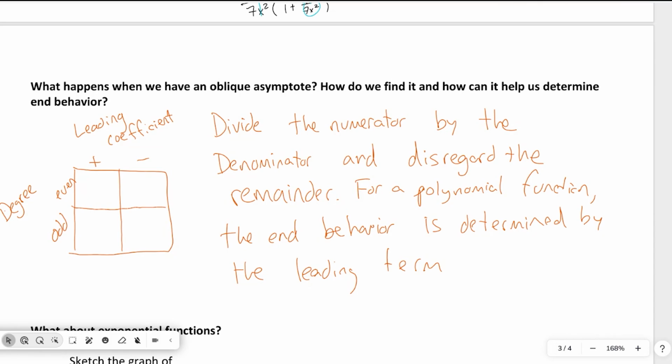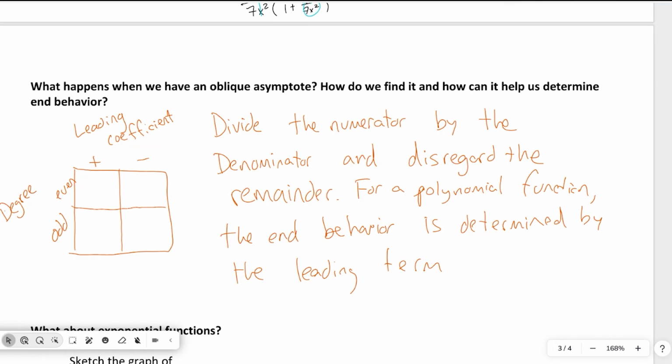So if you have a polynomial that has a positive leading coefficient and an even degree, like x squared, which is the simplest example of that, the end behavior as x goes to negative infinity and as x goes to positive infinity is going up in both directions, right? So it's going to positive infinity both to the left and to the right.